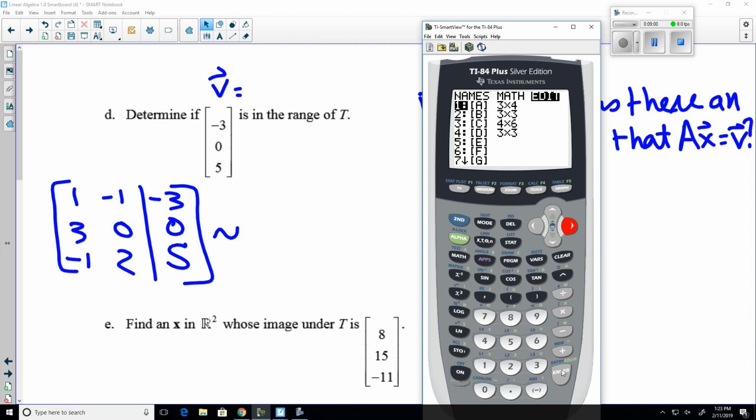I'm hoping that it saved this. No, it doesn't look like it did. So I'm going to row reduce this in the calculator.